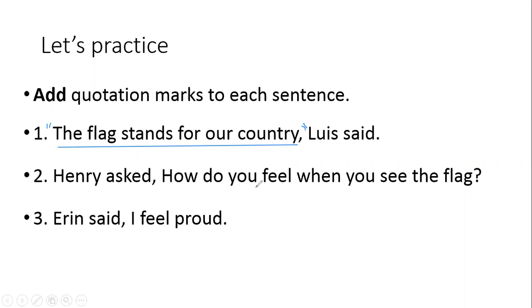Henry asked, how do you feel when you see the flag? What is the exact word of Henry? How do you feel when you see the flag? Yes. So I would place the quotation marks at the beginning of Henry's speech, here, and here, after the question mark, of course.